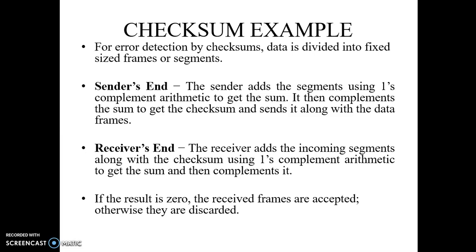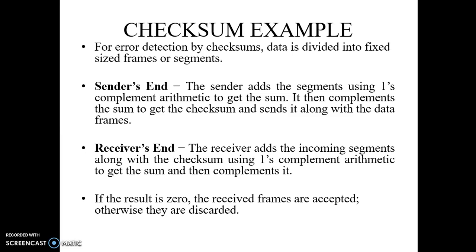At the receiver end, the received data frames are again added using arithmetic addition to get the sum. This sum is now added to the checksum that we got from the sender side, and then again we take the ones complement of the result.